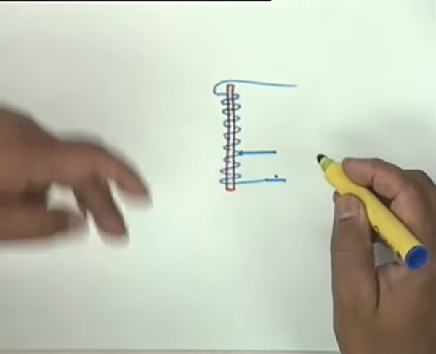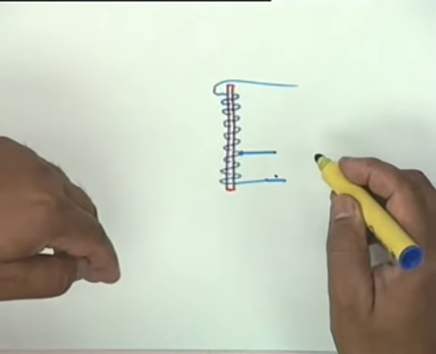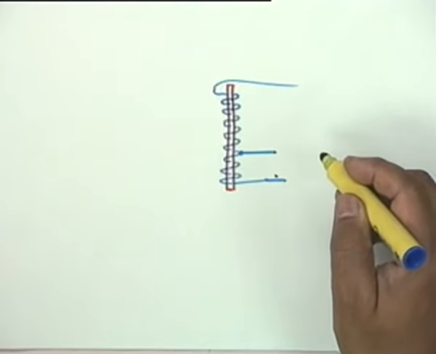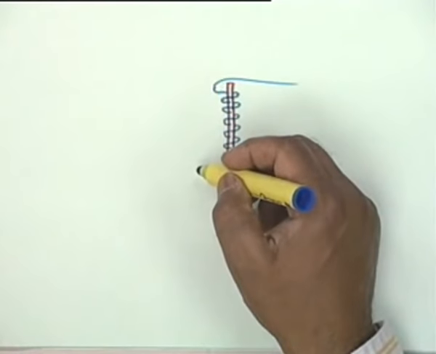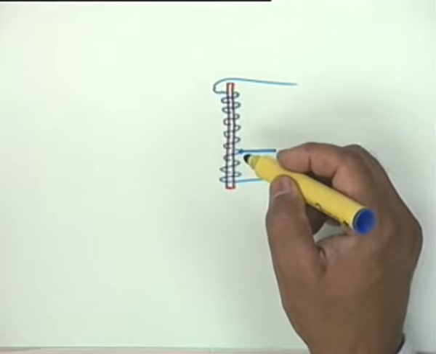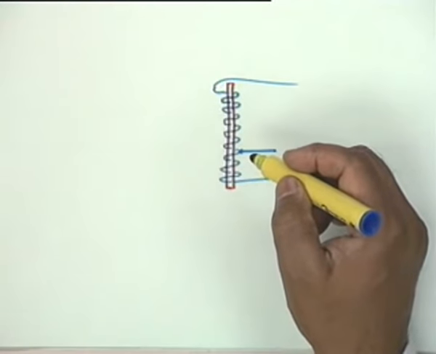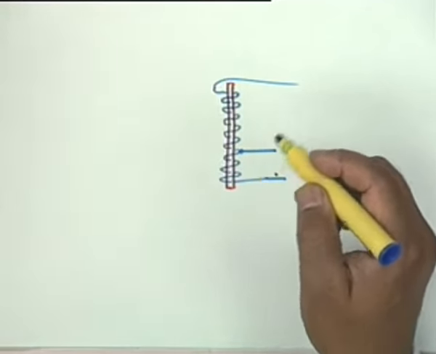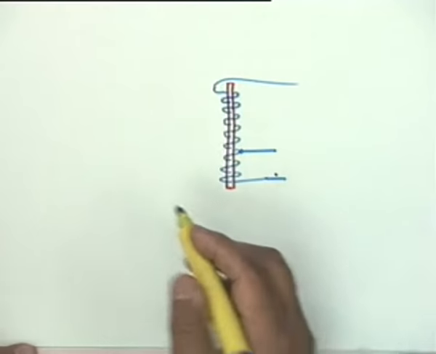Not only that, if you make this transformation, then you can use a smaller capacitor across this to transform it into a larger capacitance. Okay. Let us see what these relationships are.